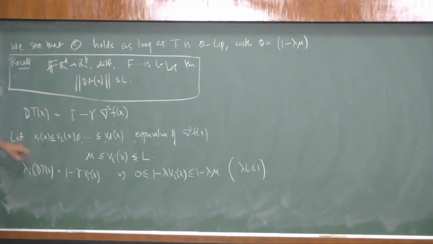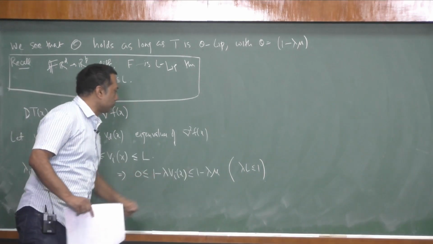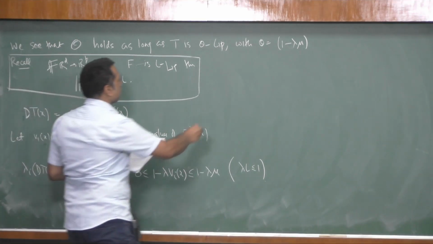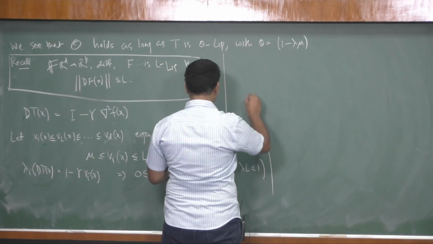First of all, what we see is that the norm of dtx is bounded by 1 minus lambda mu. So now we can conclude about the norm that I said just now.